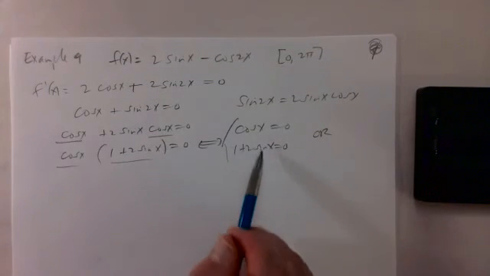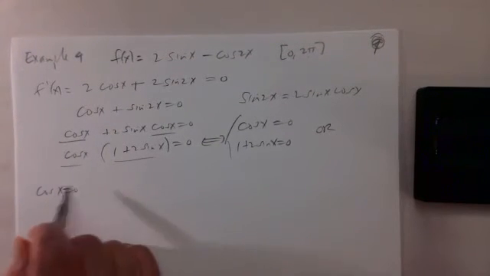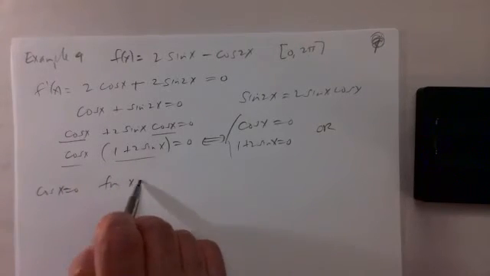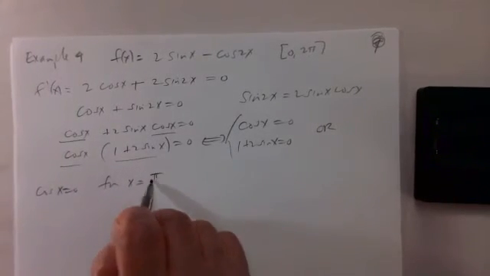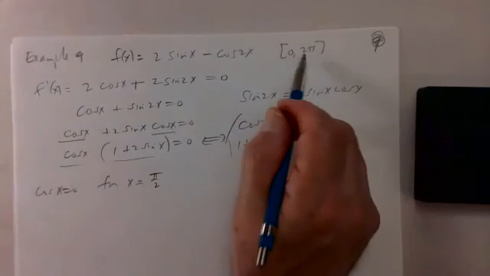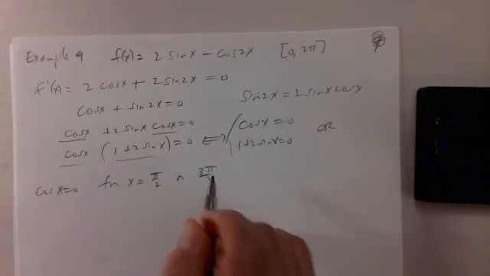So we have to solve these two equations separately. Cosine x equals 0 when? Whenever x is pi over 2 plus any multiple of pi. So in the interval from 0 to 2 pi, pi over 2 or 3 pi over 2.